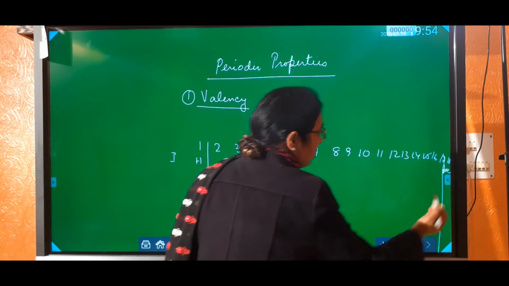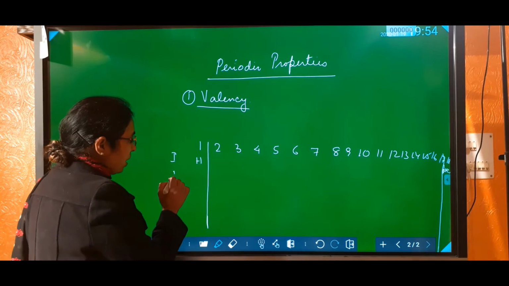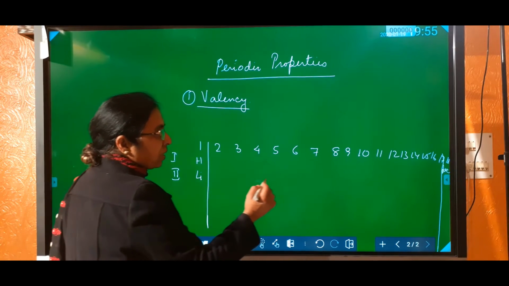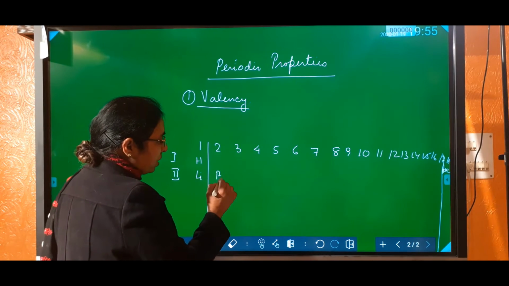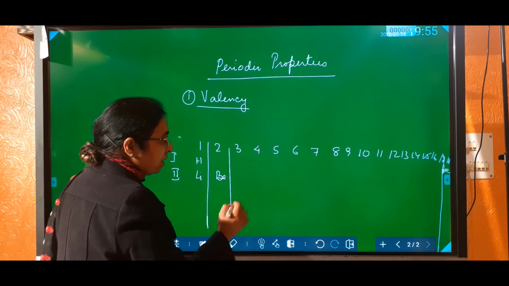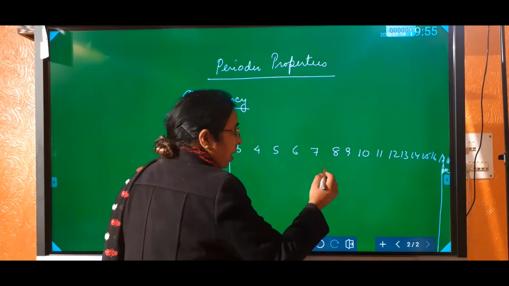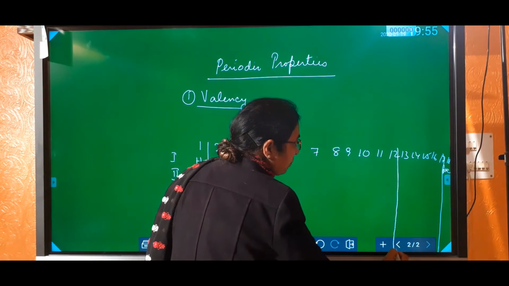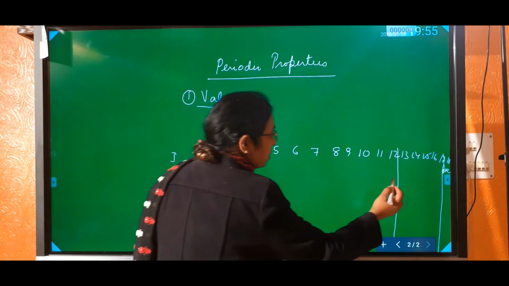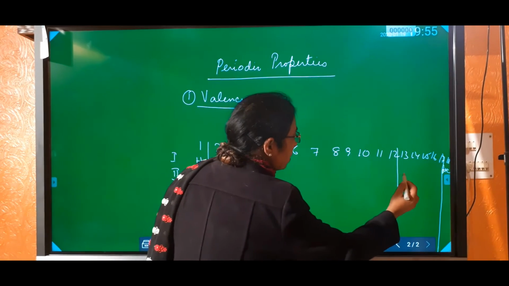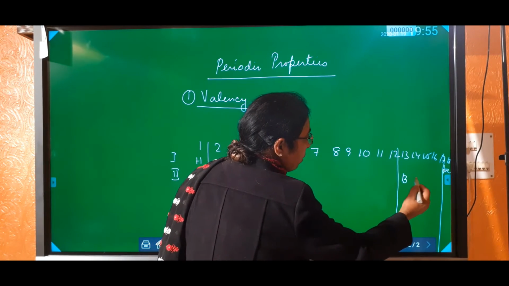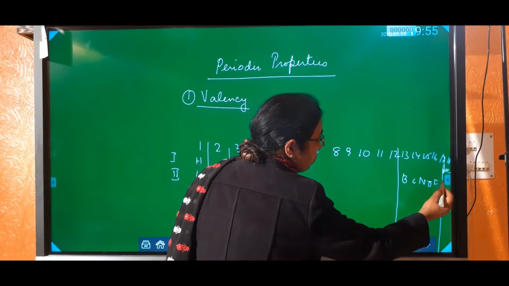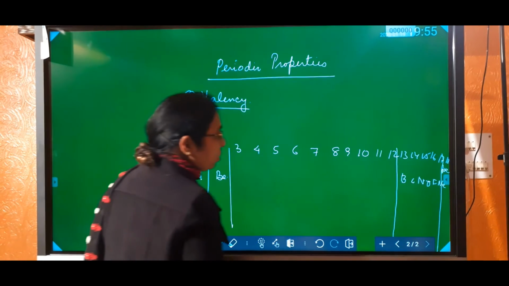In the second period you have lithium, beryllium, and then, leaving these 10 groups, the electrons fill over here: boron, carbon, nitrogen, oxygen, fluorine, and neon.